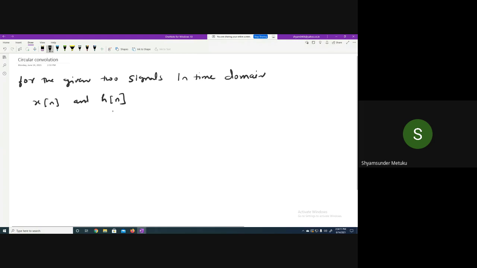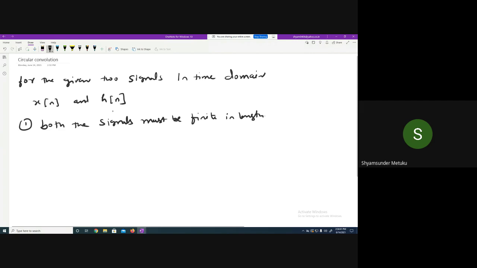I said there will be three cases in the linear convolution, but in the circular convolution only one case: both the signals must be finite in length. The other two cases I have not discussed even in the linear convolution, but first let me complete this. Both signals must be finite in length is the only possible case for circular convolution. This is the first difference.